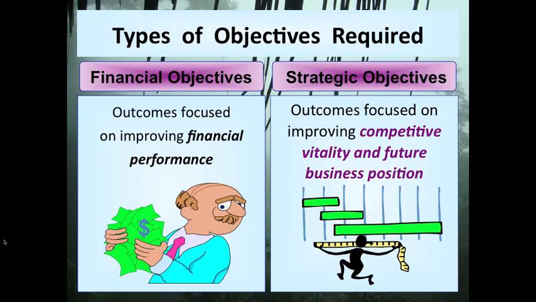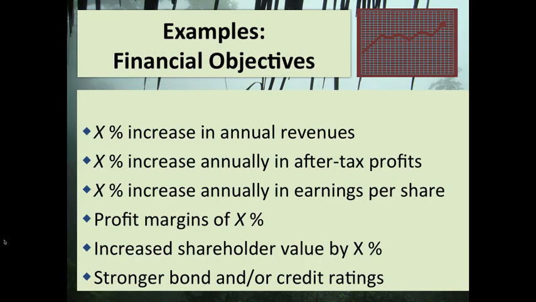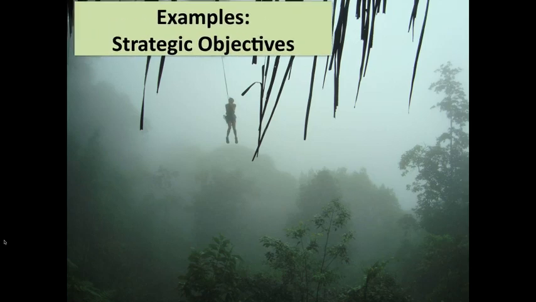Strategic objectives are focused on your competitive position, oftentimes related to the marketing function. An example of a financial objective would be a certain percent increase in annual revenues or a certain percent decrease in cost, in certain types of cost, or credit ratings.